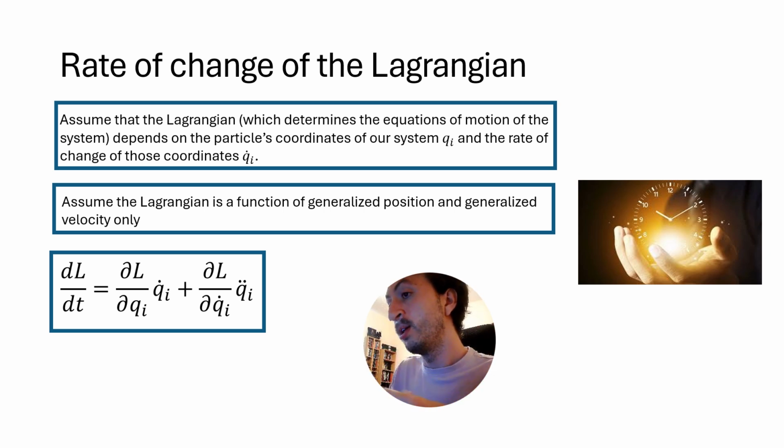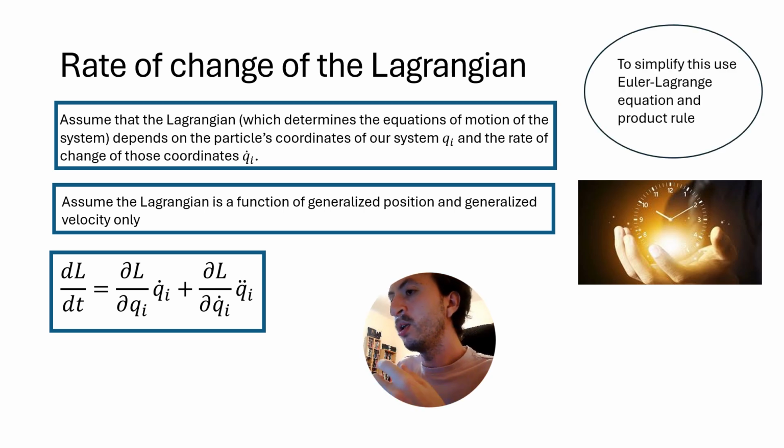The other is a term that involves a partial derivative with respect to generalized velocity. To combine them, we would like both to refer to partial derivatives with respect to generalized position, or both to generalized velocity. So we have to change one of the partial derivatives, but we can do that using something called the Euler-Lagrange equation.